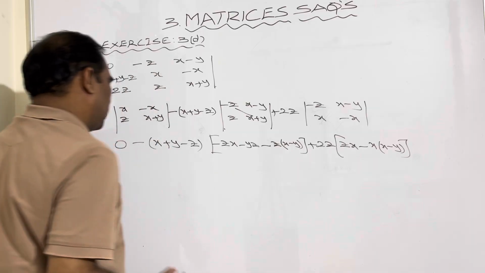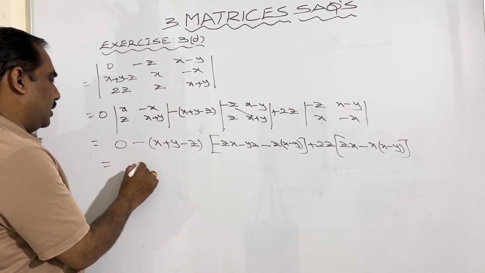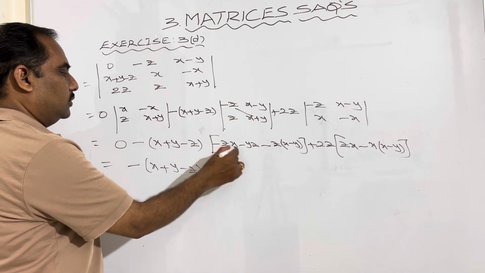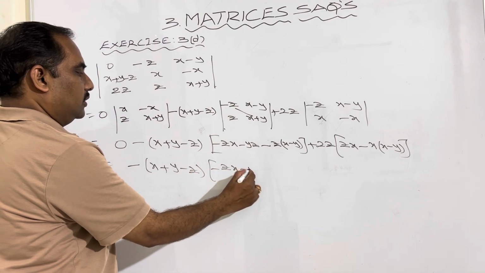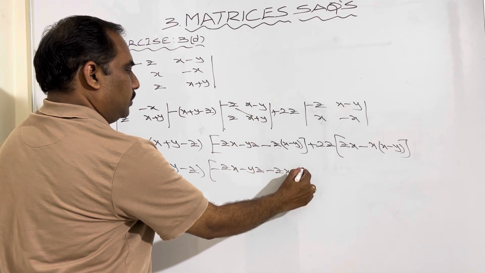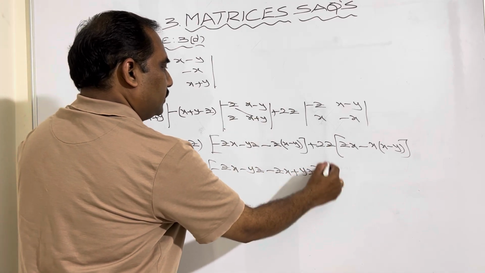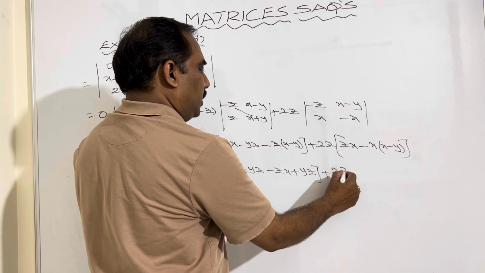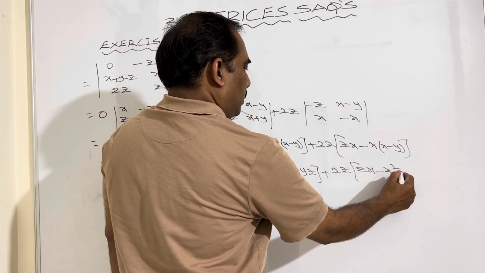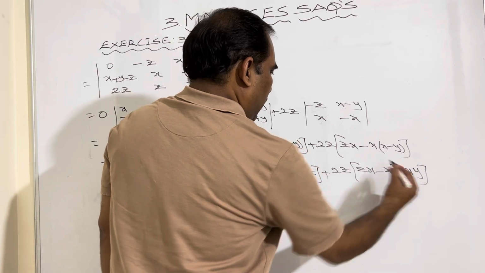Like this we have to multiply. We get minus of (x plus y minus z) into (minus zx minus yz minus zx, and minus into minus is plus yz), and plus 2z into (zx minus x square, and minus into minus is plus xy).